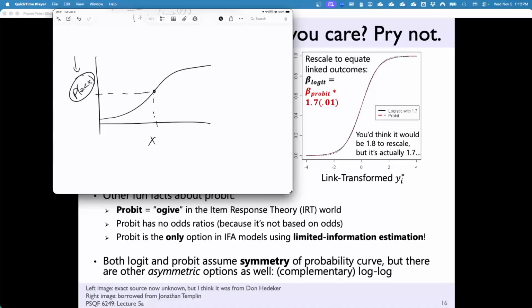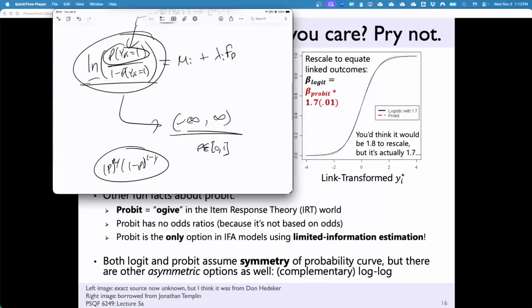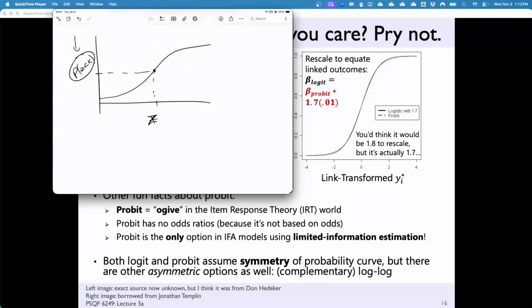You translate it down over here to the z value on the z-score, and that is actually the probability that x is less than z. I totally screwed up my notation there. All right. Probability some value of x is less than the value of z right here. Right? This is the probit function.